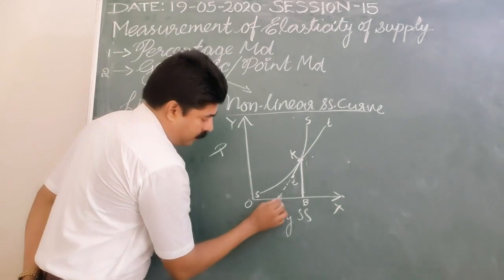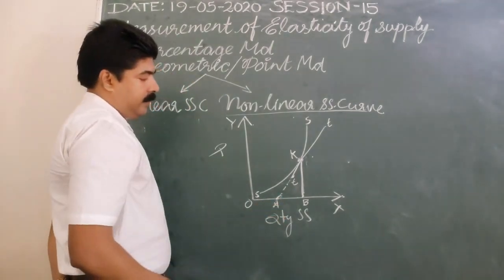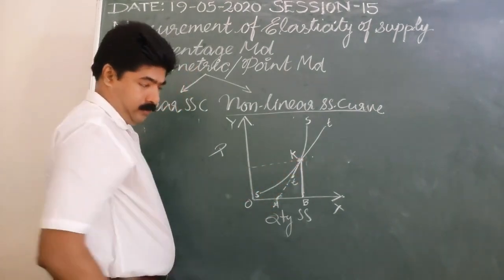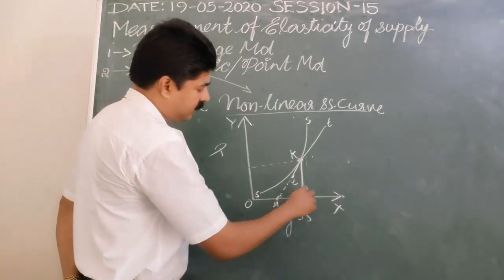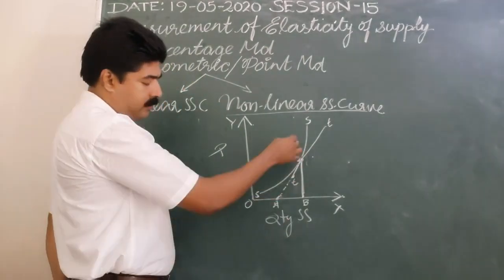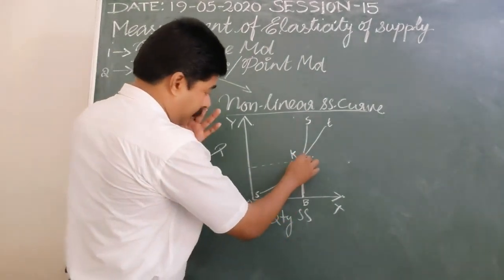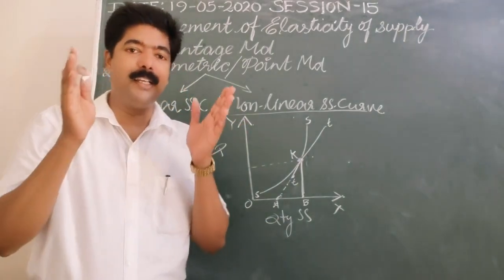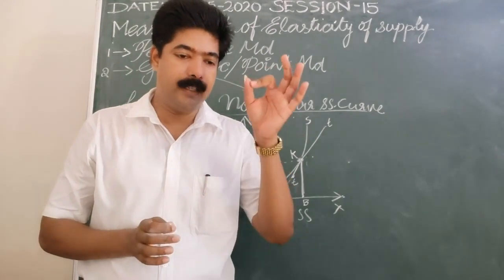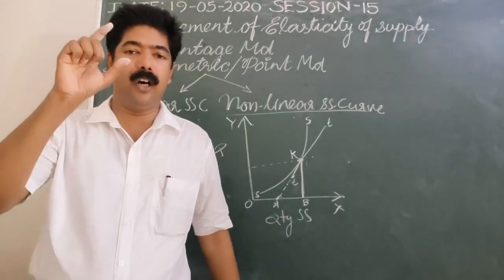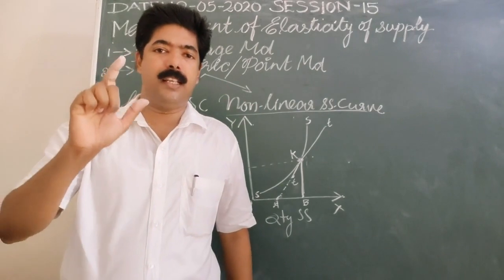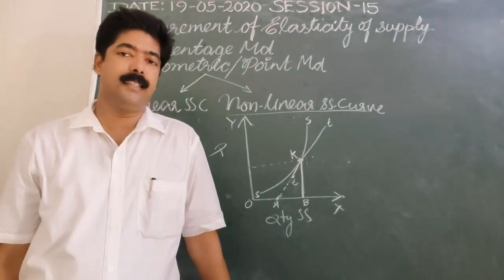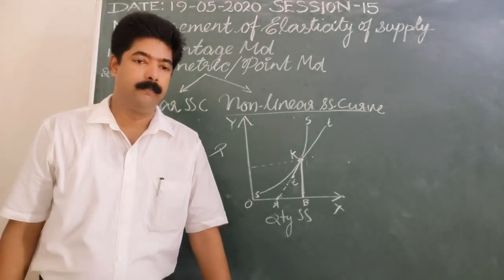Then we have given a particular point on x, A. So here we can easily find that the value is equal to 1, because this tangency point shows it's the center of the supply curve. Therefore this will be equal to 1. Keep in mind that if the tangent passes through the origin, elasticity of supply at that point of tangency is equal to unity.